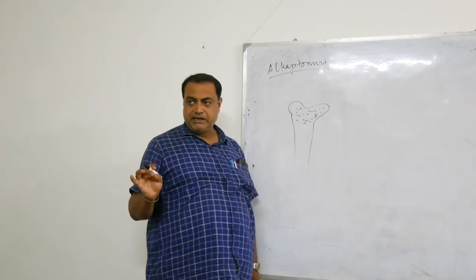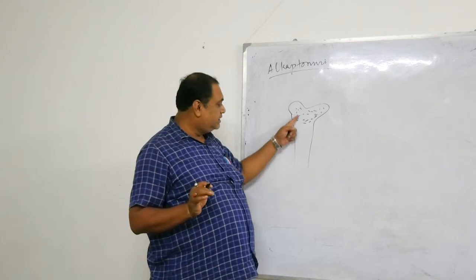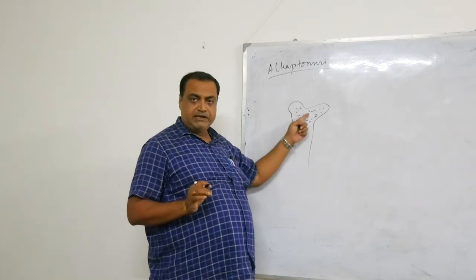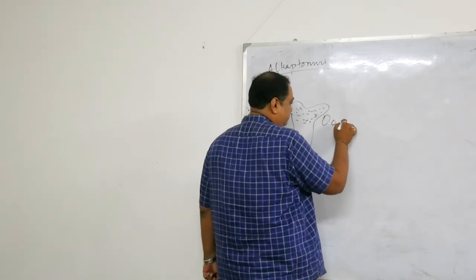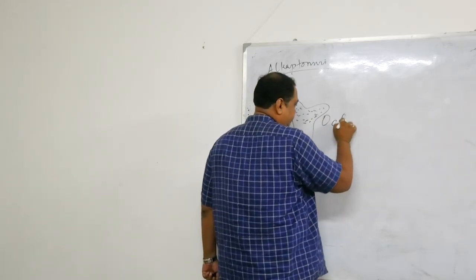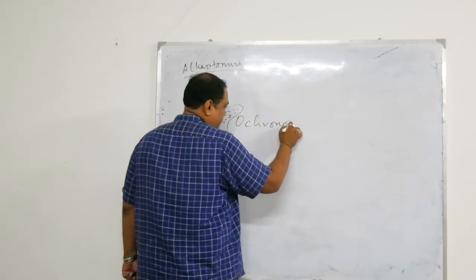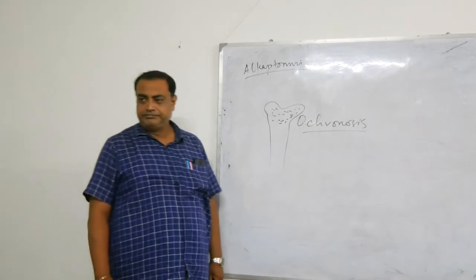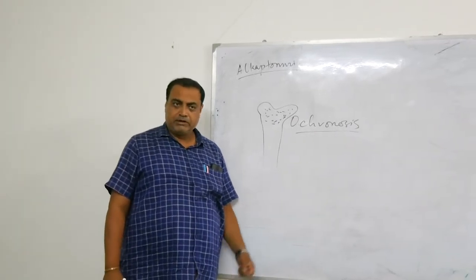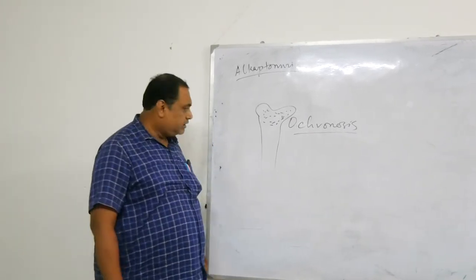A plain, simple X-ray will show darkening at the epiphysis region. And this particular thing is called ochronosis. So one of the symptoms is ochronosis.